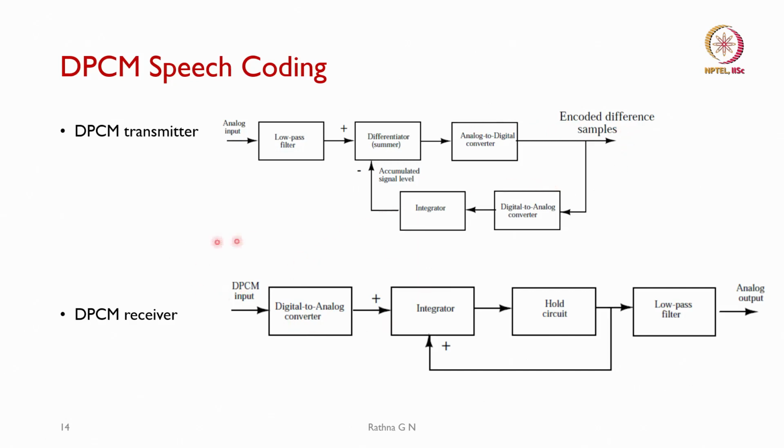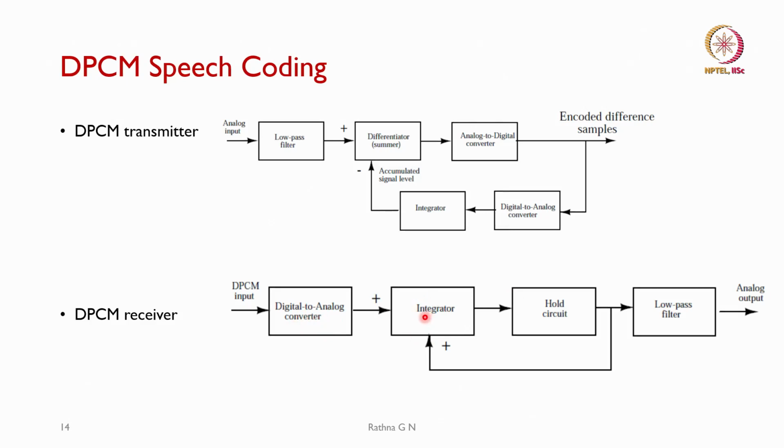So, what happens at the receiver? It has to be the same replica, working in the reverse way. You have a low pass filter which receives the signal. This is the DPCM signal that is coming in, and you take it to the digital to analog converter, and then pass it through the integrator.